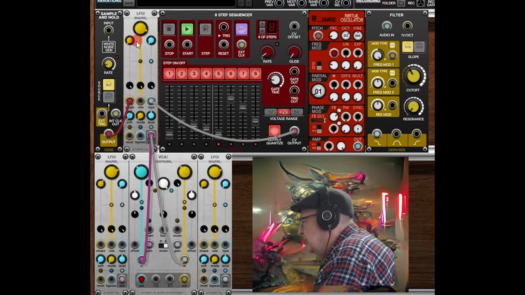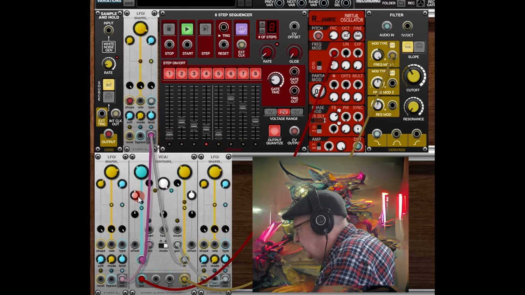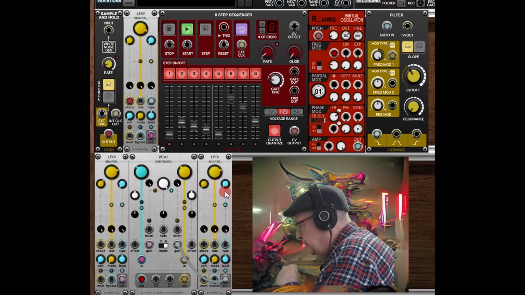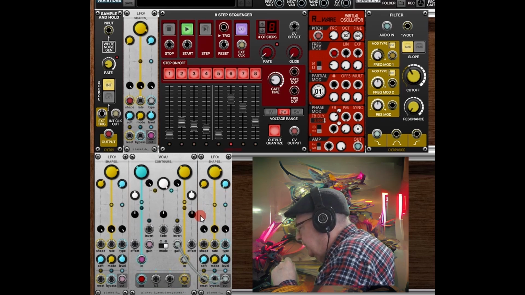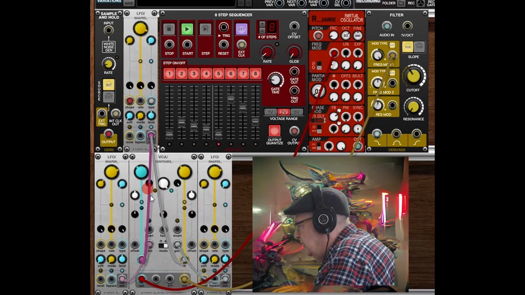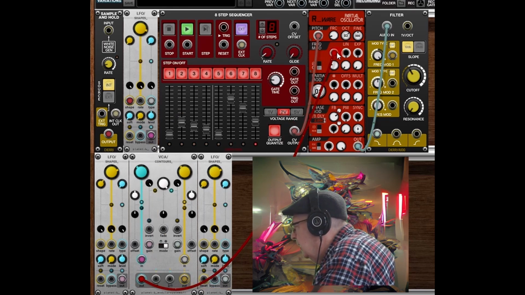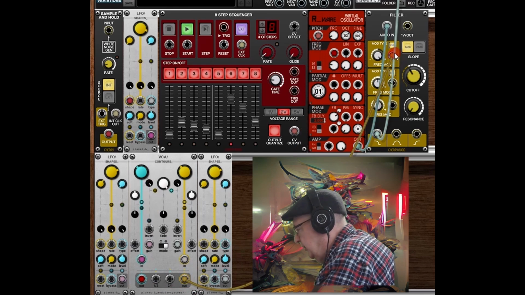The CV from this upper LFO goes through this VCA 2 LFOs group here in the lower cabinet, and the left unit of the VCA modulates the fractalization, you see here, whereas the right one modulates the filter cutoff.